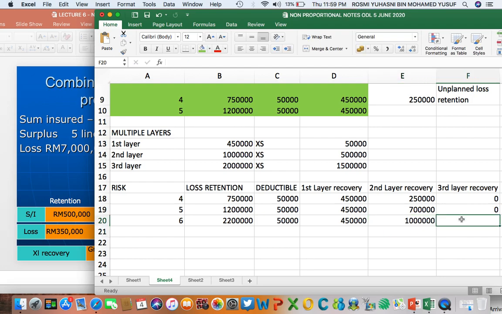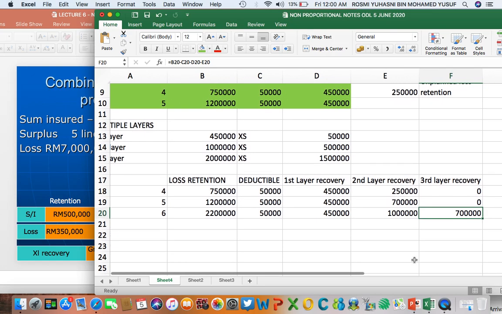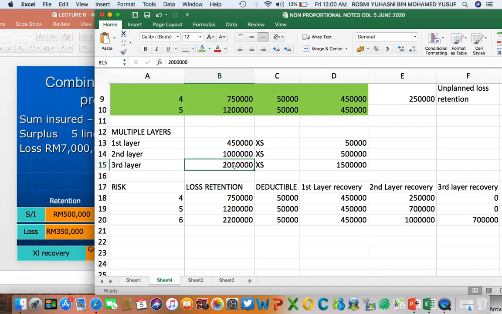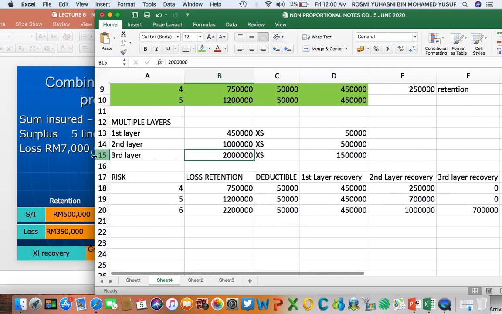So there is a balance of 700,000, which is recovered from the third layer because the third layer has a maximum cover of 2 million. So this 700,000 is within the cover of the third layer.